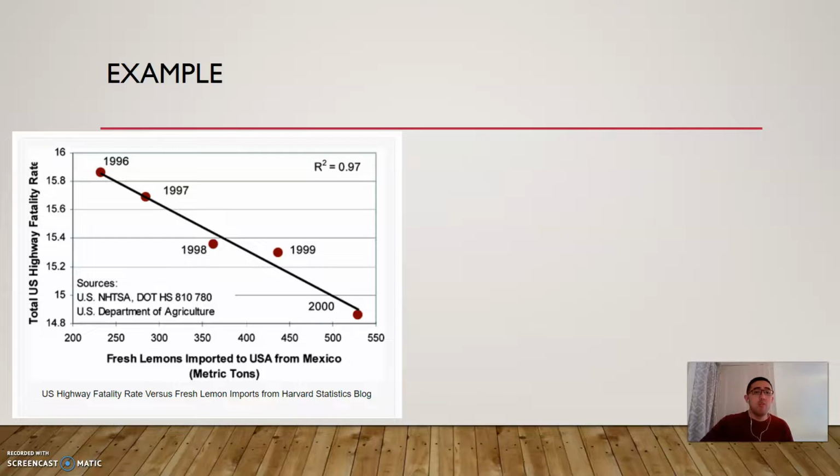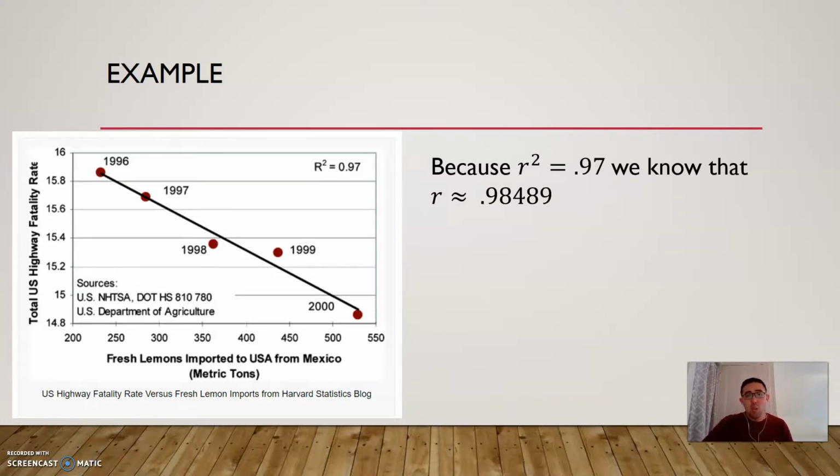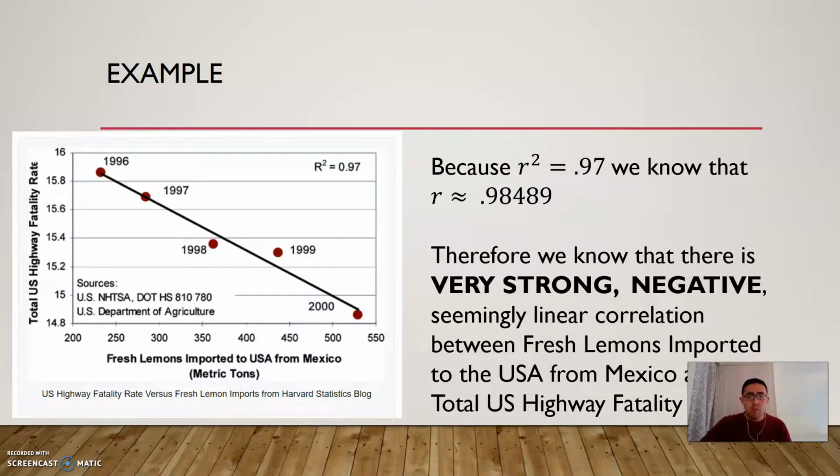Okay? However, if we have an r squared of 0.97, if I take the square root of that, I can know that r is equal to 0.98489. So therefore, we know that there is a very strong, because r is very close to 1, it's negative, okay? Oh, shoot. Because we know this is negative, I gotta fix this.